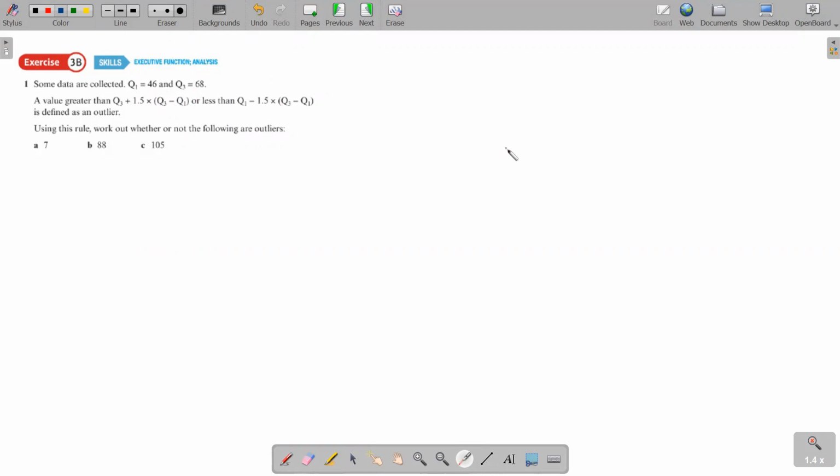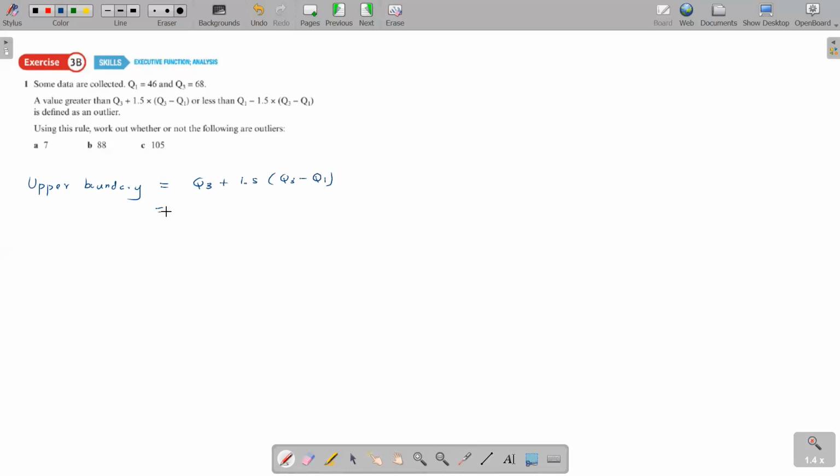The K value is given very clearly: K is 1.5. They have set the limits. What's the upper boundary for the outlier? Q3 plus 1.5 times (Q3 minus Q1).